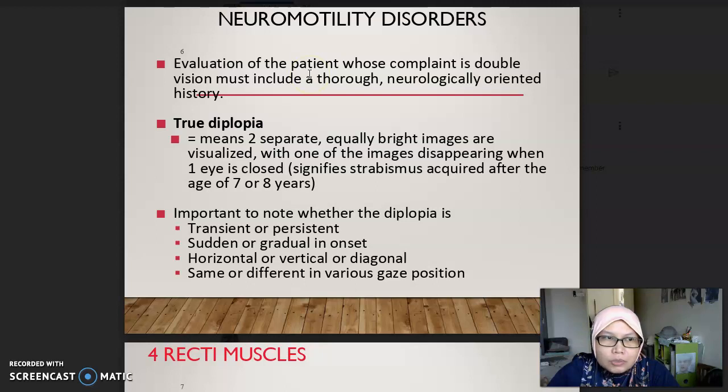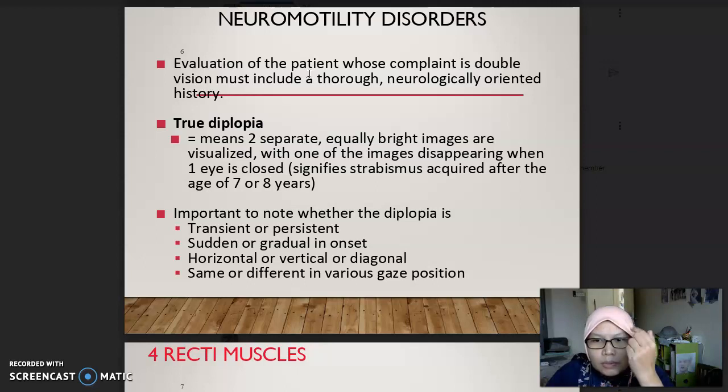The commonly used term is diplopia. And as a medical doctor, you must be able to distinguish whether the diplopia is a true diplopia. True diplopia means it only happens with two eyes, but when you cover one eye, the diplopia disappears. But if you cover one eye and the diplopia is still there, it's not a true diplopia.